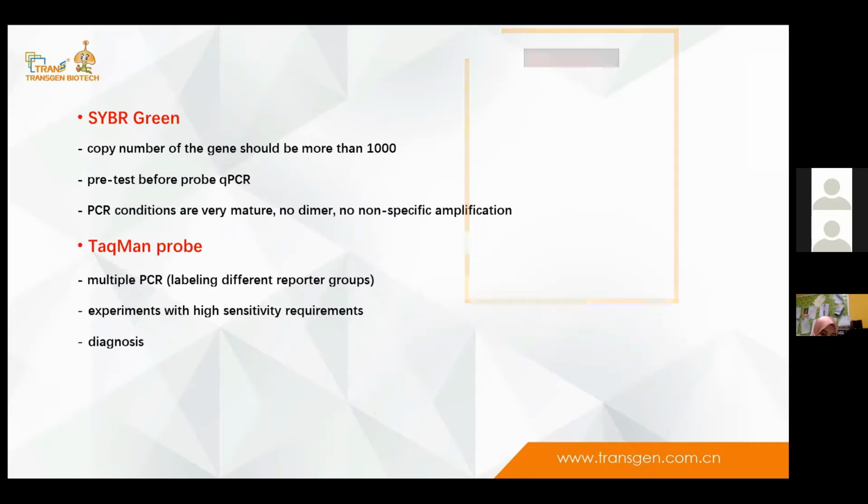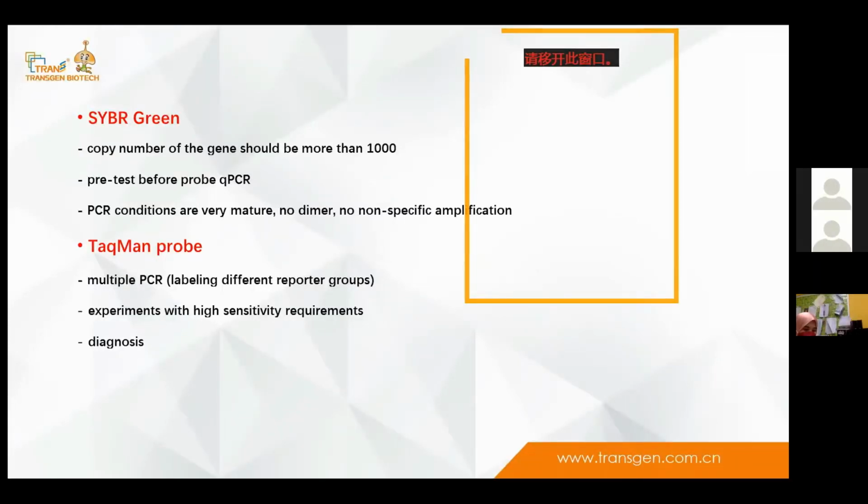The SYBR Green I method makes for a very easy experiment. The copy number of the gene should be more than 1,000, because it shows less specificity, so the gene copy number should be large.